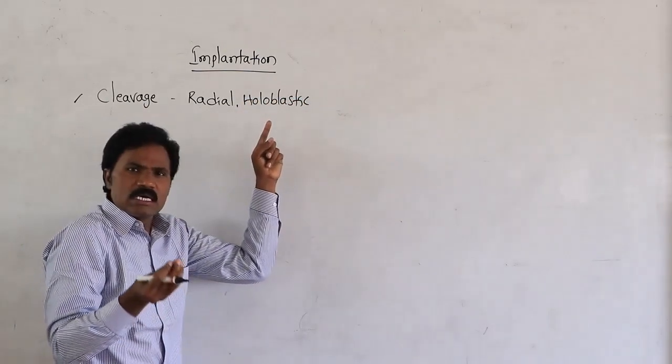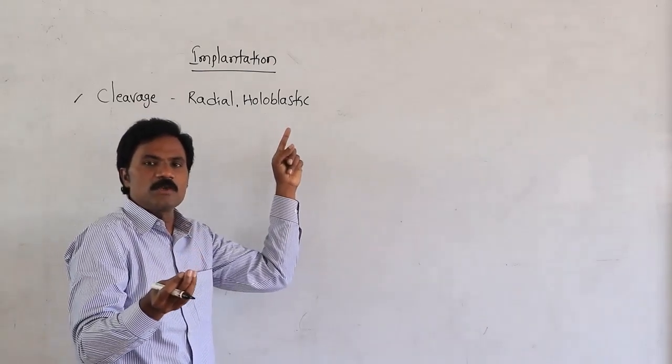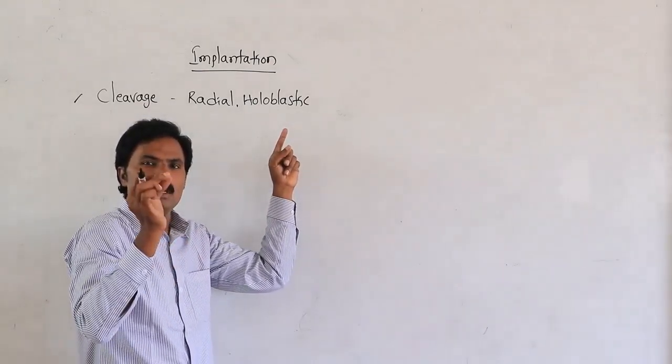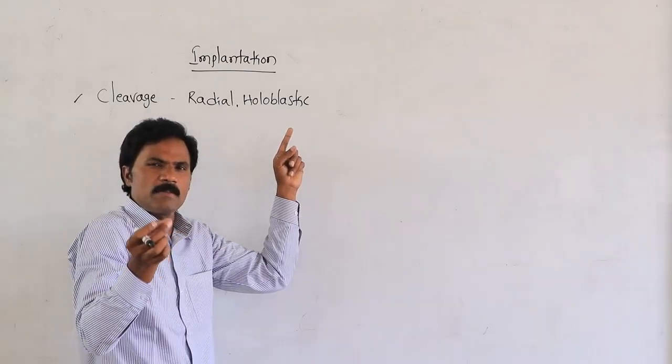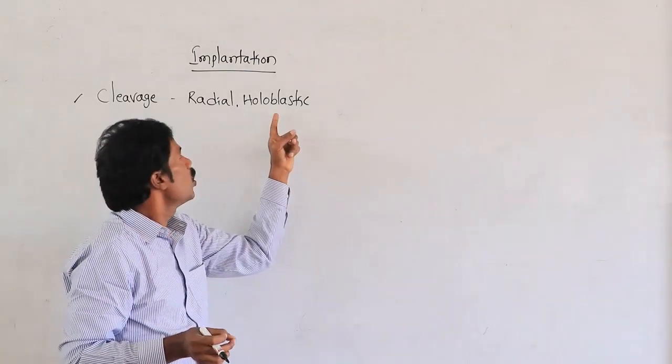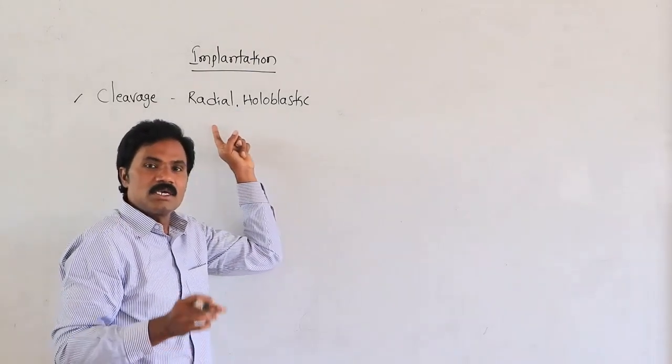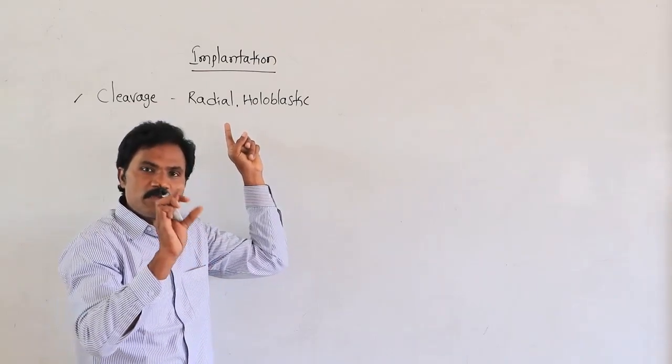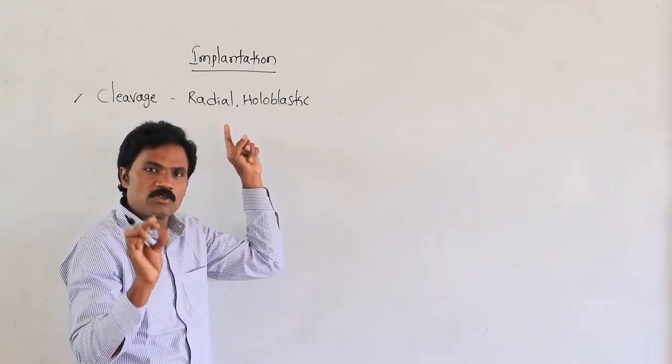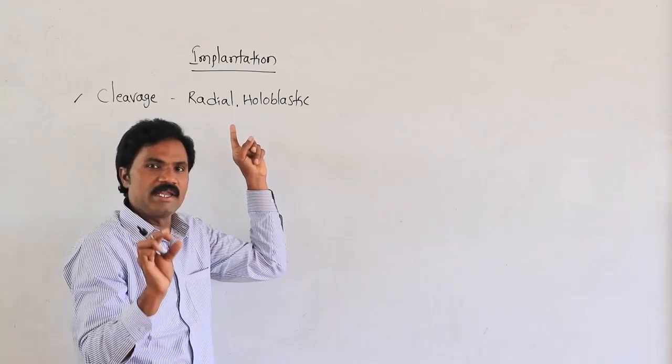That means a slight amount of lecithin is present, that means micro. Actually, purely it is called lecithal, but it is present in minute amounts, and that's why holoblastic. Why radial? Because the zygote is spherical, so it is ready to undergo cell division in any direction.